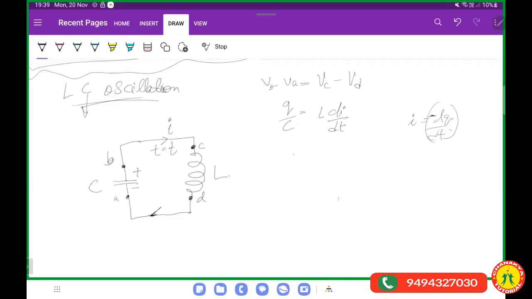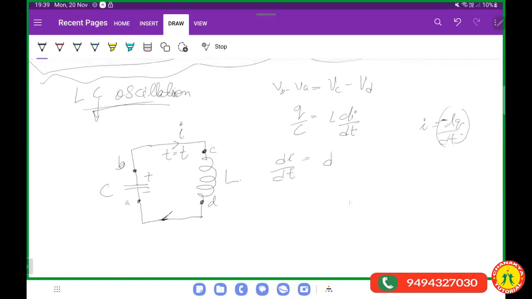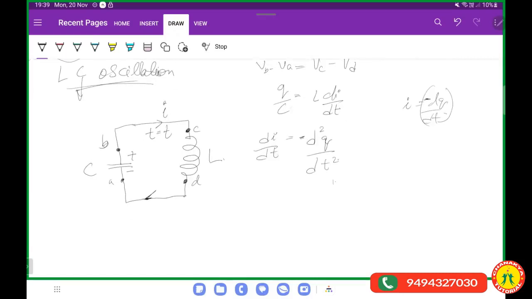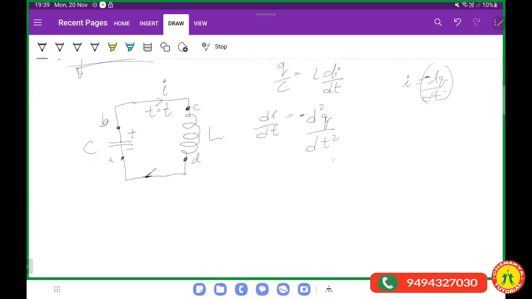So di by dt equals the second order differentiation, d square q by dt square, with a minus sign. So if we take this value, we'll substitute here.